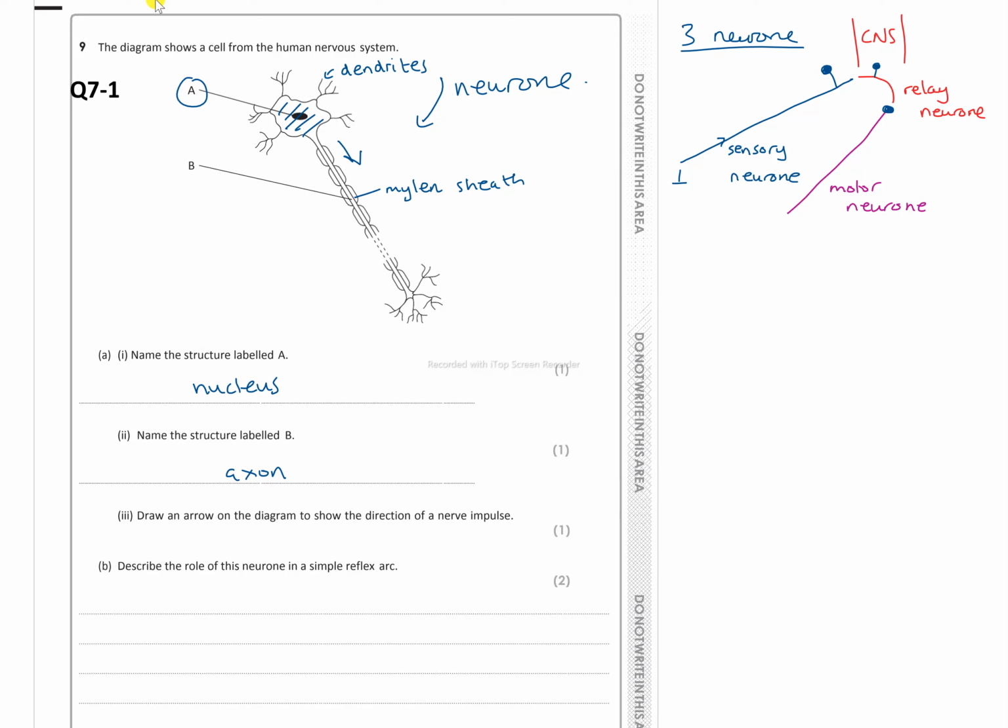Right. Draw an arrow on the diagram to show the direction of the nerve impulse. So it's going in this direction. It always goes away from the body along the axon. So it's coming in this way. So you could have drawn an arrow that way. Describe the role of this neuron in a simple reflex arc.